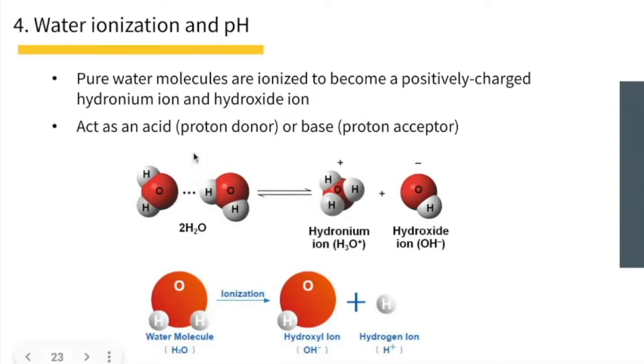When it is breaking, it will be separated into hydronium ion H3O+ and also hydroxide ion OH-. So if two H2O together, but if one water molecule undergoes ionization, it will be broken down into hydroxide ion, the OH-, and also the hydrogen ion, the H+.